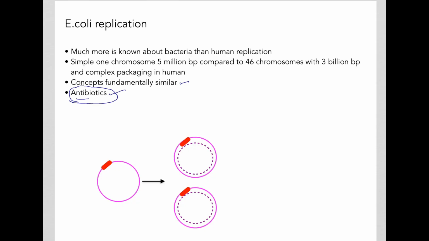If we can understand replication or metabolism in bacteria, that will help us develop and understand the mechanisms of antibiotics. And this is important because infections are a huge area in the field of medicine.